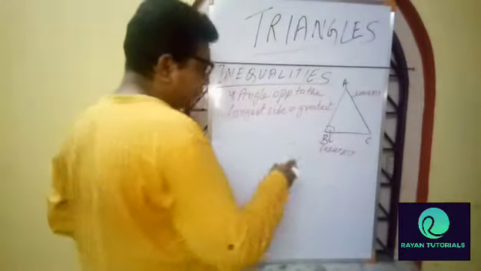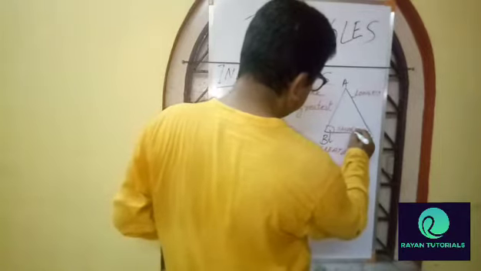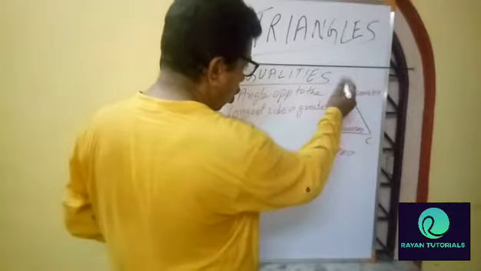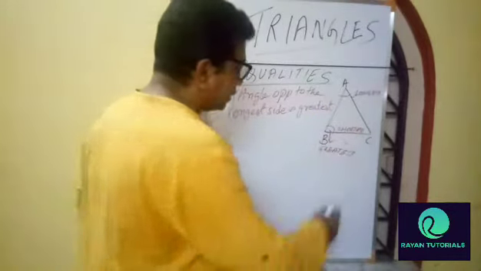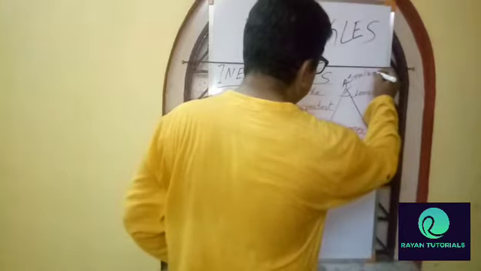Just opposite also. Suppose this is the shortest side, so the angle opposite to the shortest side will be the smallest angle.